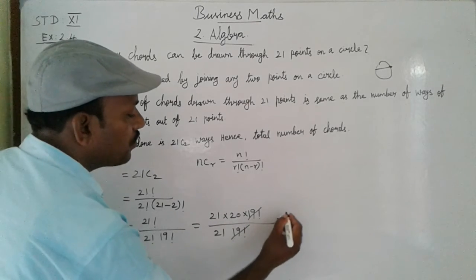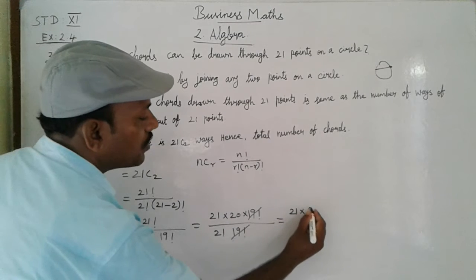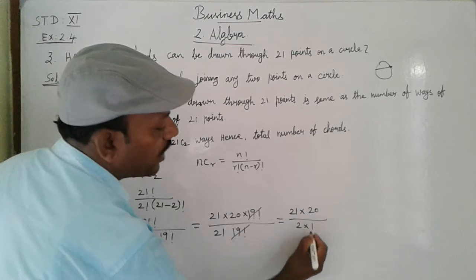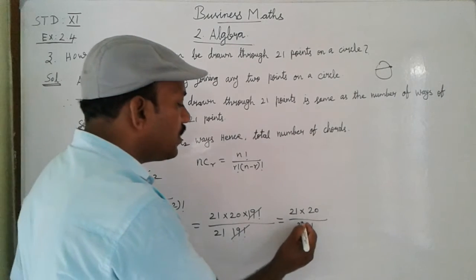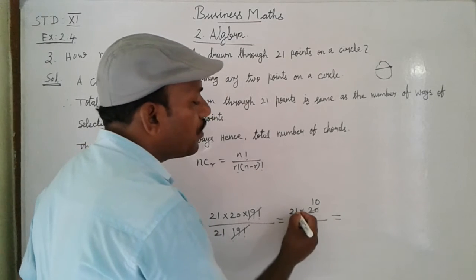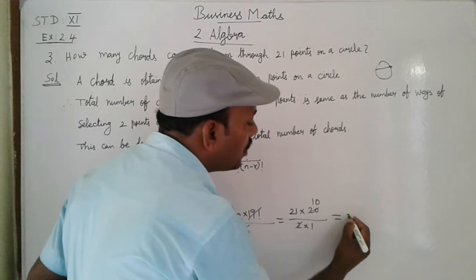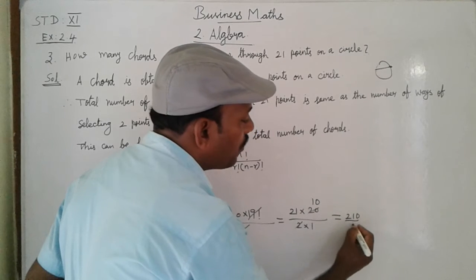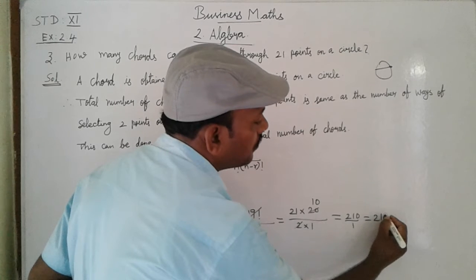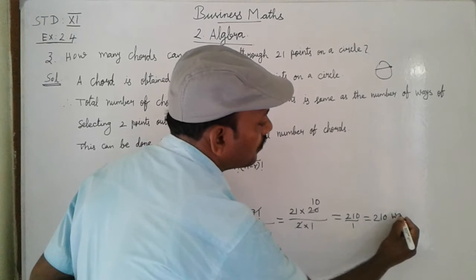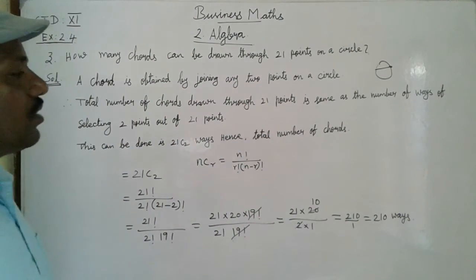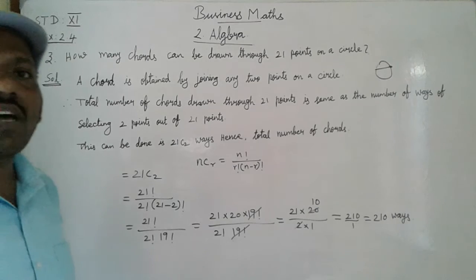So that is equal to 21 into 20 divided by 2 factorial is 2 into 1. 2 and 20 is 10 times, it's cancelled. So 21 into 10 is 210 divided by 1 equal to 210 ways. Total number of ways is 210 ways. That's all.